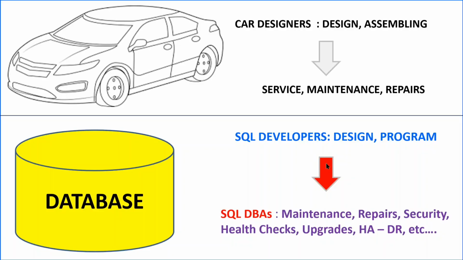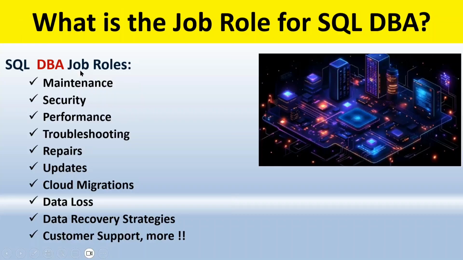Once database goes live, then comes maintenance, repairs, security, health check, etc. This is DBA job. Remember, engineers are involved in playing with data, content. DBAs are involved in the overall maintenance, troubleshooting, management, security of databases. So the main job roles of database administrator: maintenance, security, performance, troubleshooting, repairs, updates, all kinds of management.